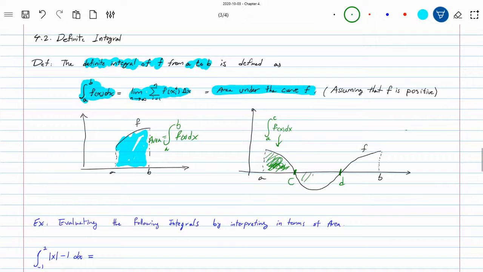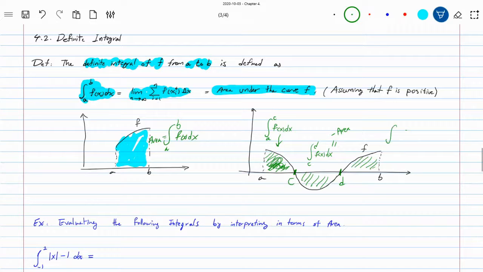On the other side, the integral from C to D of f of x dx is not the area exactly, it is the negative of the area, because it's below the x-axis. So this part becomes negative. The next one is again above the x-axis.